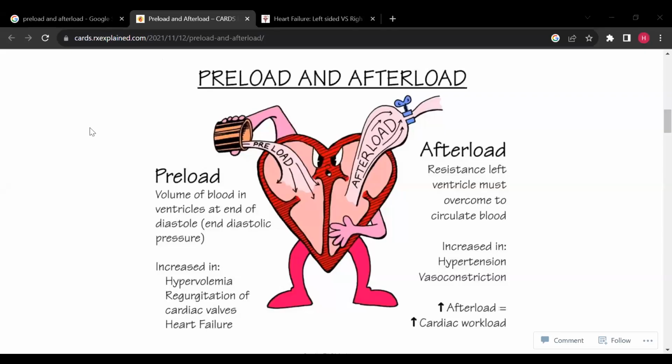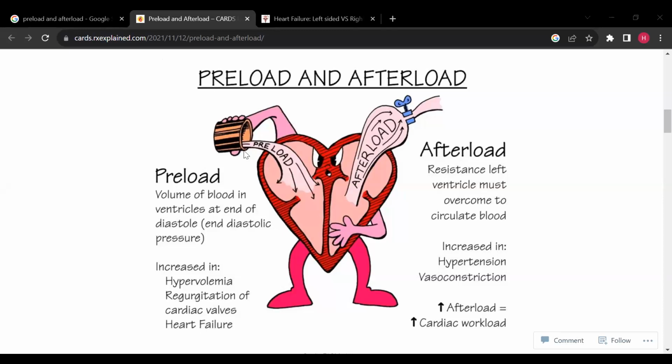So preload is just the volume of blood that comes into your ventricles, or the filling of the ventricles. That's your preload. And afterload is the ventricular ejection. That's afterload.